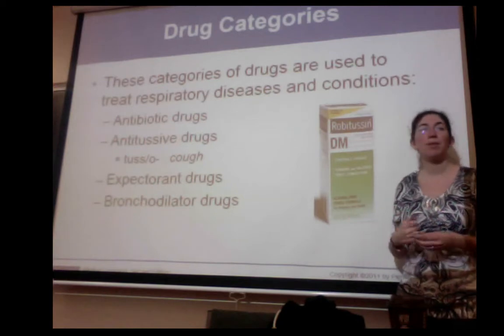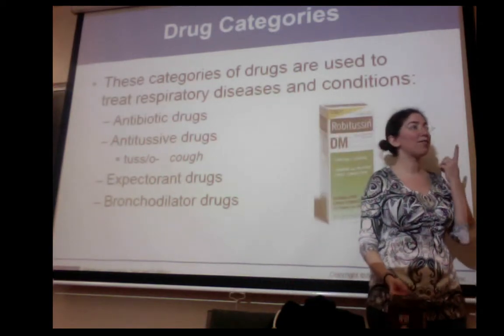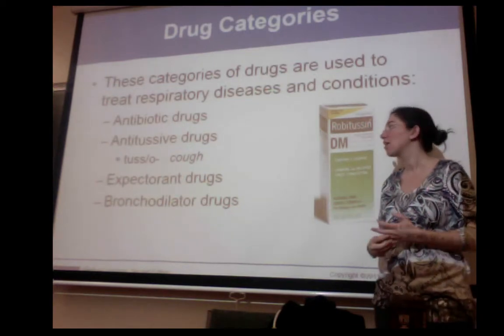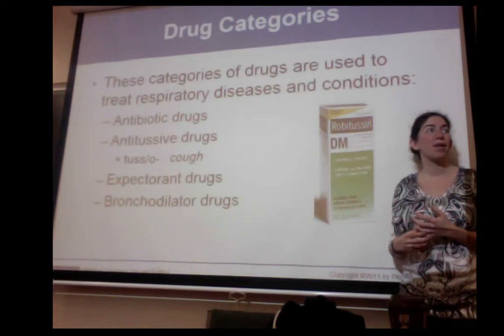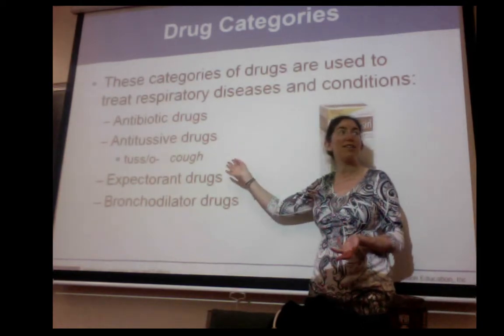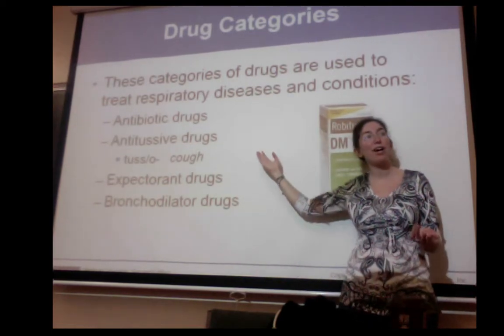Tusso is a combining form that means cough. This is a drug that targets the cough centers in your brain that are responsible for the coughing reflex. You might have one that's an antitussive and an expectorant, so it loosens mucus and it reduces your coughing.